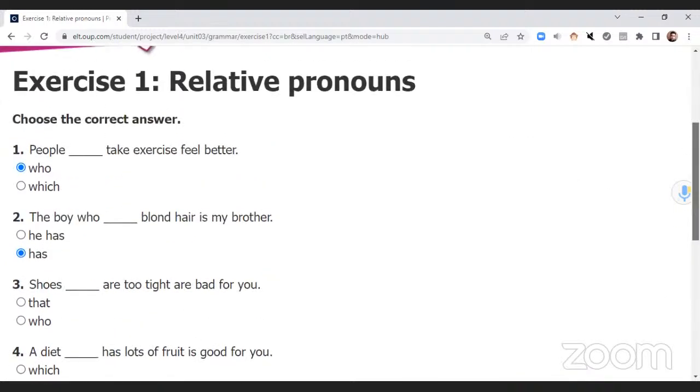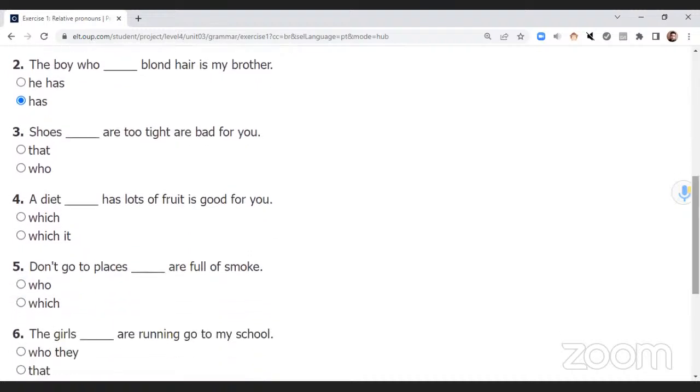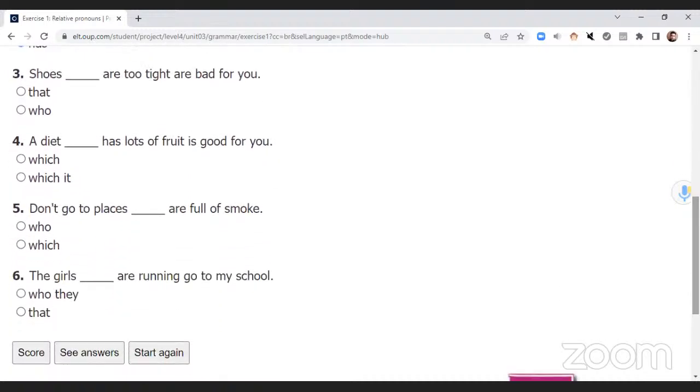Okay, what is number 3? Shoes that are too tight are bad for you. Okay. Number 4. A diet which has lots of free food is good for you.